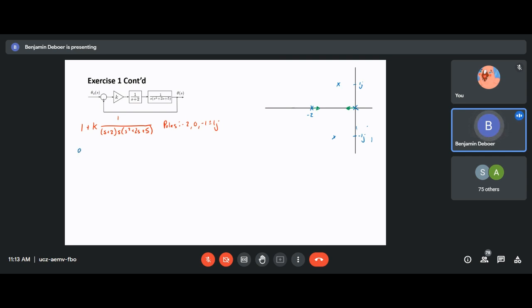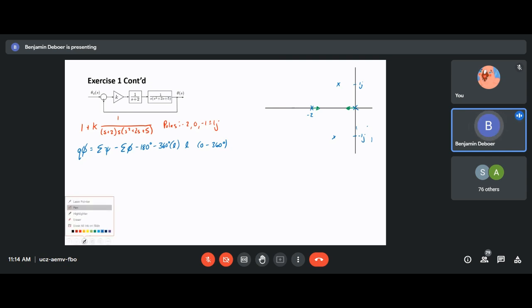The way we do this is we say the angle of the pole, which is phi, is equal to the sum of the angles of the zeros minus the sum of the angles of the poles minus 180 degrees minus 360 degrees times L. This L can be any integer value. Essentially all it does is map the value into the range from 0 to 360 degrees. So if you have a negative value, just add 360 to get in a relative range.